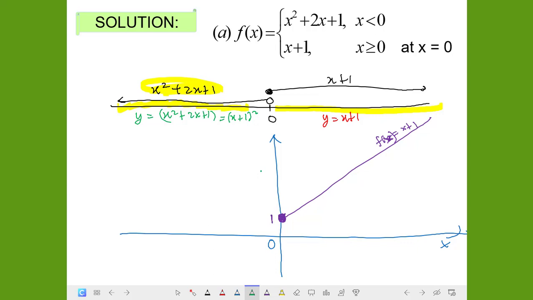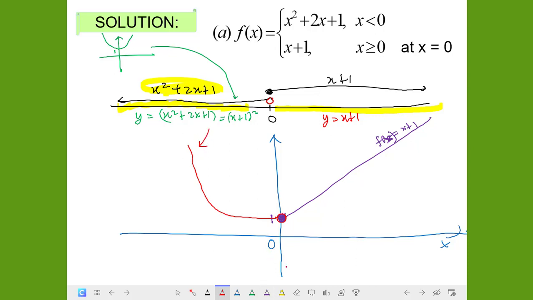The graph is a smiling graph like this, but we just consider the left hand side. Here there is actually an empty circle. When x is equal to 0, substitute: 0 plus 1, 1. And the graph is curved like this. This is the graph.